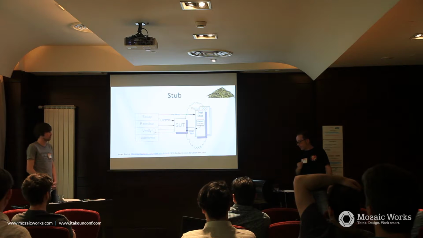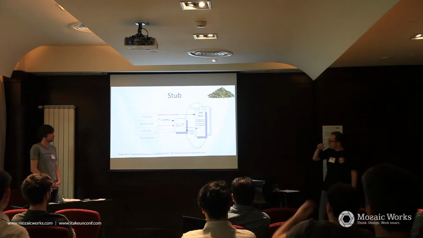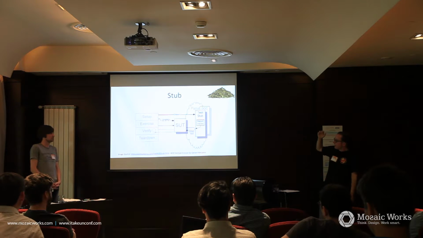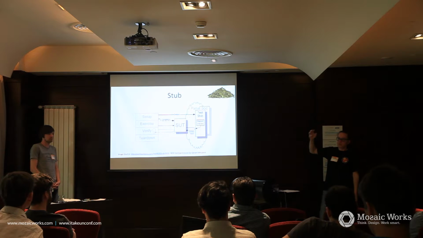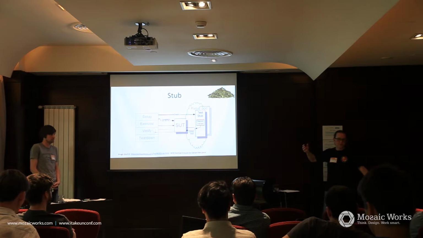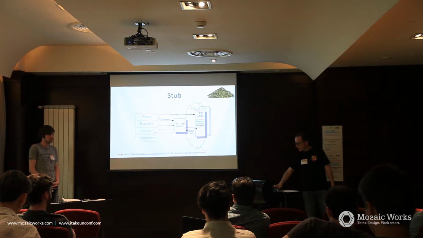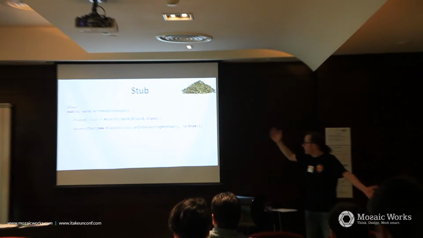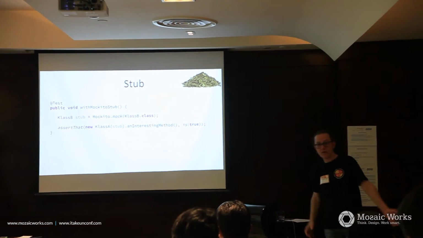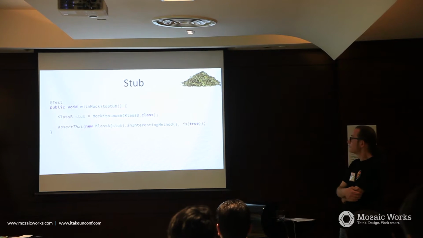If we do stubbing here, it means that we replace class B by something else, and often we do that very simply with Mockito. Examples are in Java, I guess you've already found out.